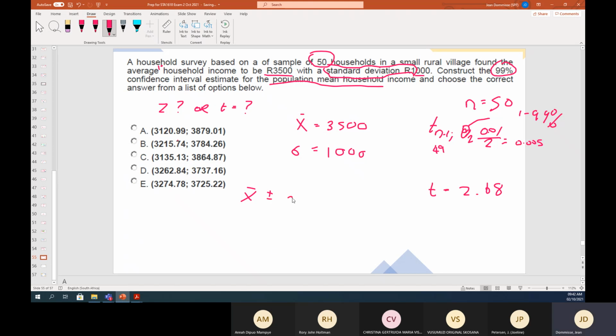It is the t. So let's first write it out, so that we have all of this. So the x̄ is 3500 plus minus 2.68 times, so this was actually S, because it was sample standard deviation, divided by the square root of n.